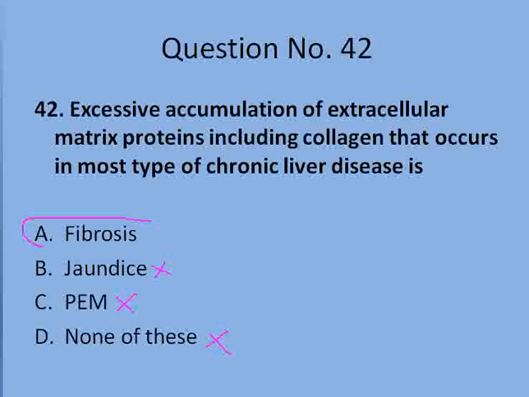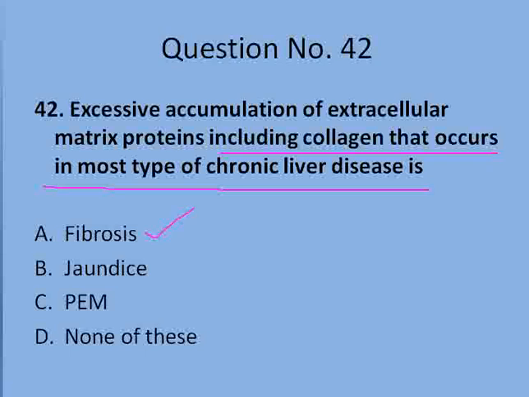But fibrosis, as we saw in the previous question, is a chronic liver disease. We have two types of disease, acute disease and chronic liver disease, and chronic is a little bit dangerous. So that excessive accumulation of extracellular matrix protein, including collagen, that occurs in most types of chronic disease is fibrosis. So the correct option for this question is A.